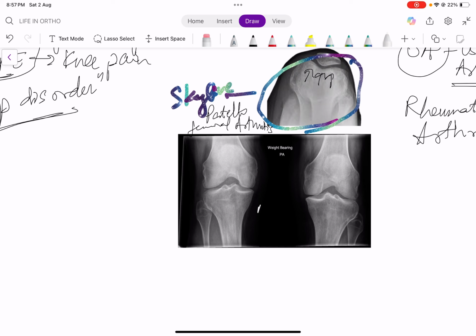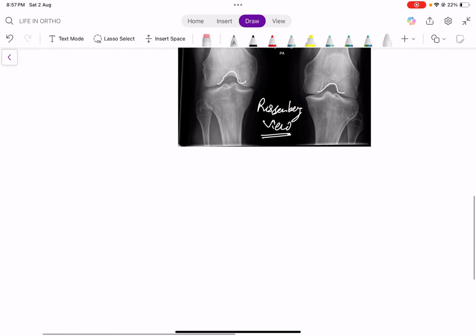This is called a Rosenberg view. Rosenberg view is for your intercondylar notch. See how beautifully the intercondylar notch is there. So for any fractures or any trauma in the intercondylar notch, Rosenberg view is to be done.